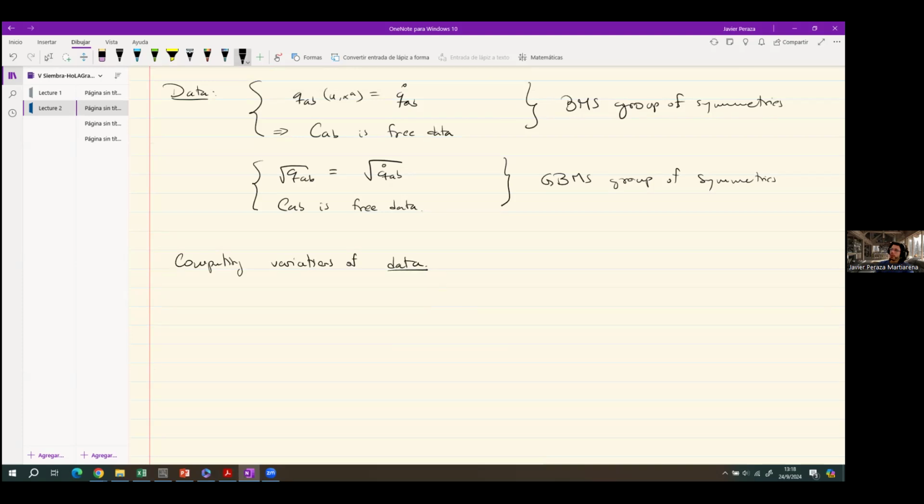So the action of a diffeomorphism on Q will be the Lie derivative with respect to B of QAB, let's call it AB, minus the divergence of C minus 2C QAB, okay?